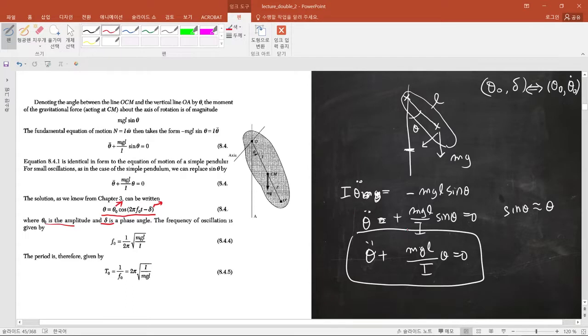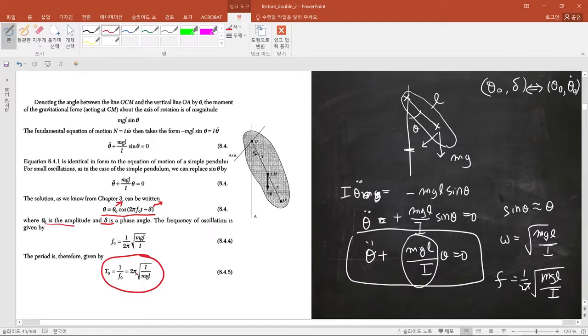And this is omega squared, so omega is equal to the square root of m g l over I. Therefore, f is equal to 1 over 2 pi times the square root of m g l over I. The period is given by 1 over f0, which is 2 pi times the square root of I over m g l, the inverse of this. That is the case when theta is small, so this is small angle oscillation.